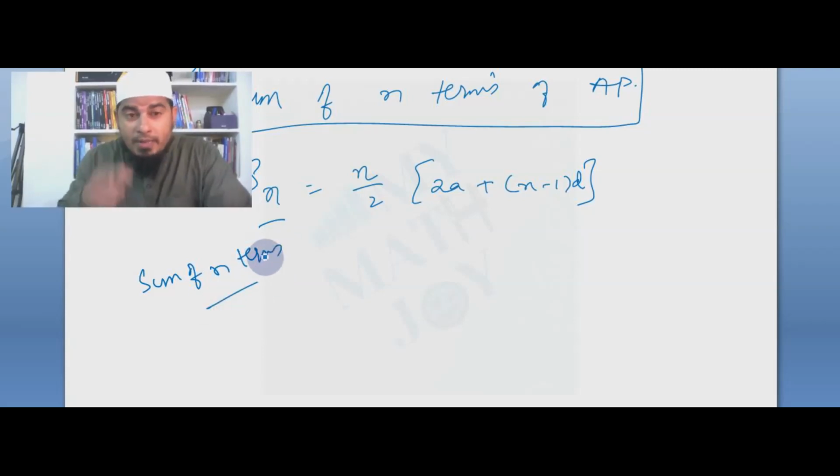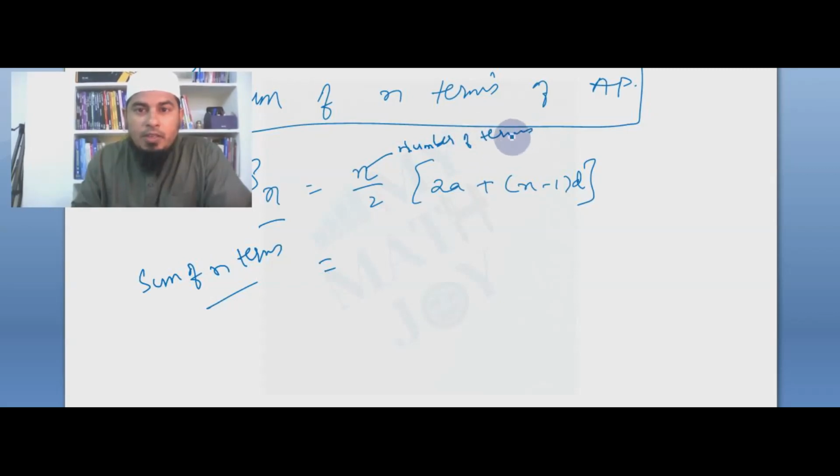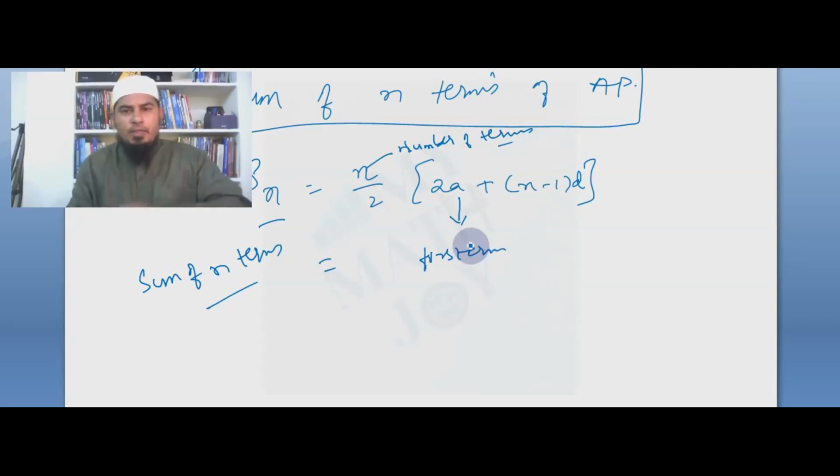As in the above example I told, add all the 10 terms, it will be S10. So here n is the number of terms, and a is the first term. Normally a and a1 are the same.